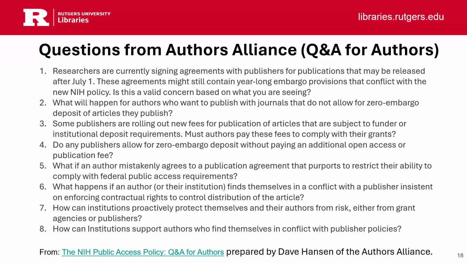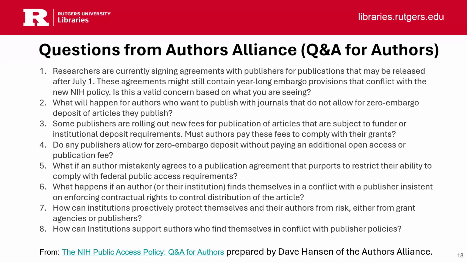So when you click that, Dave gave very good responses to each of those questions. I'll just read one of the questions, and you might think, yeah, that's my question. Researchers are currently signing agreements with publishers for publications that may be released after July 1st. These agreements might still contain a year-long, 12-month embargo provision that conflicts with the new NIH policy.